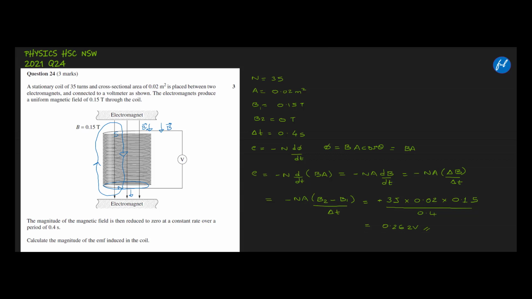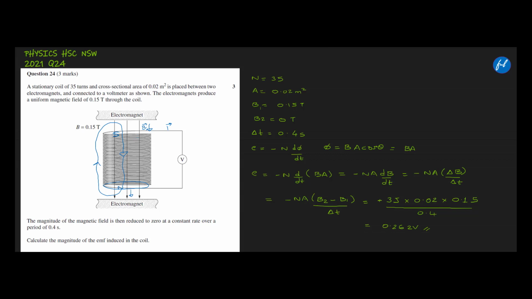from south to north. So the moment we conclude that this is the south pole of the induced magnetic field, south means the current is going to flow clockwise.